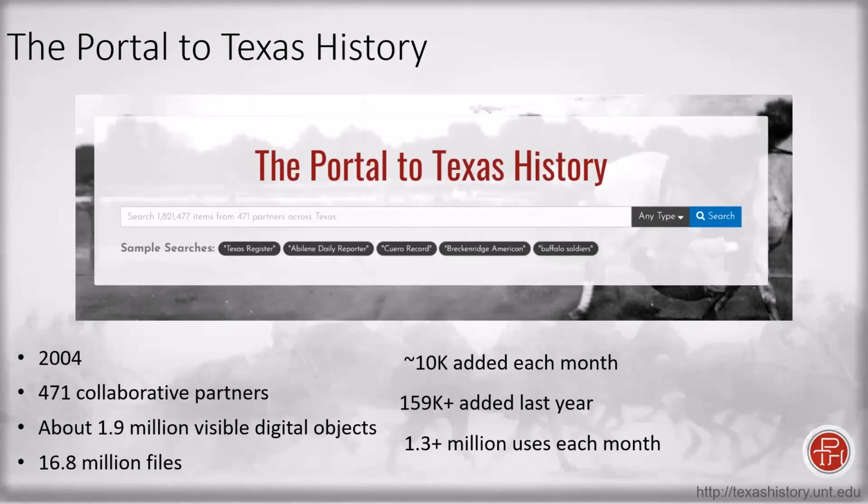It started in 2002 with the idea of preserving small community and at-risk community history, specifically those communities that were at risk of either being abandoned for larger communities or being absorbed by those larger communities. By 2004, we had our first online presence.